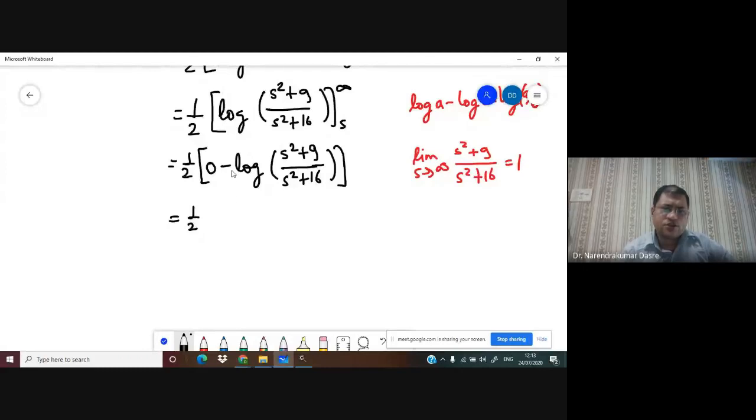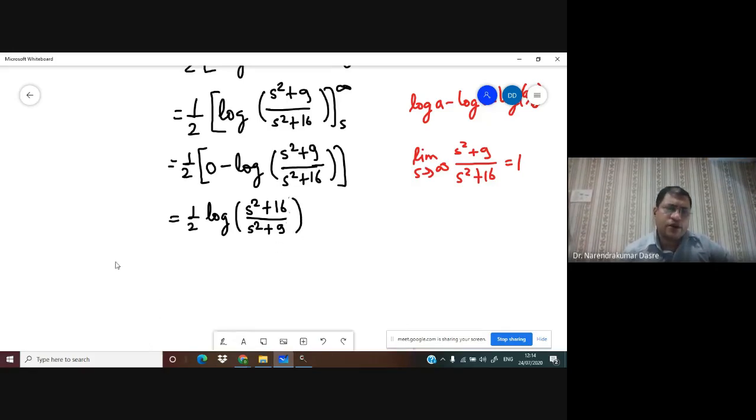I can absorb this minus sign and I can write this as log of s square plus 16 upon s square plus 9. Okay. So that's what I'm able to get here.